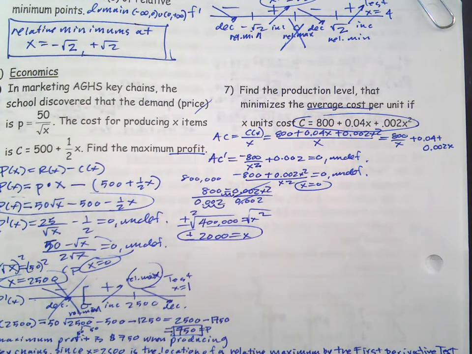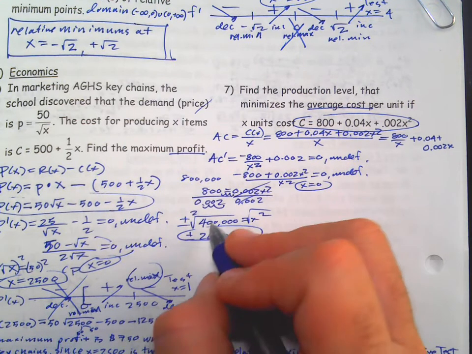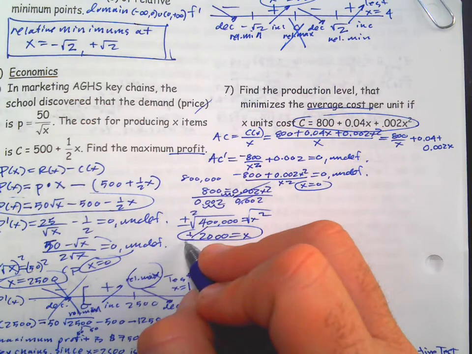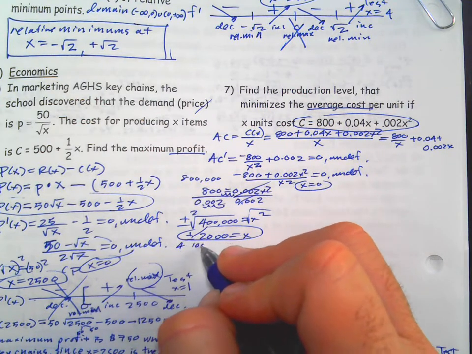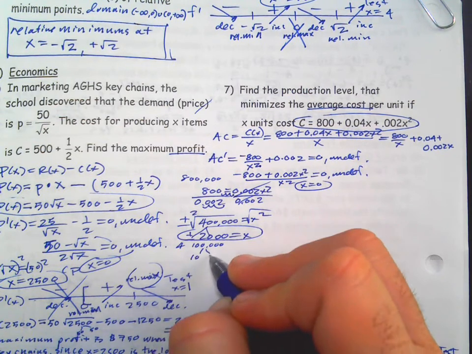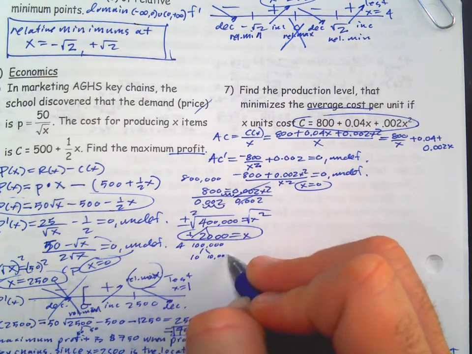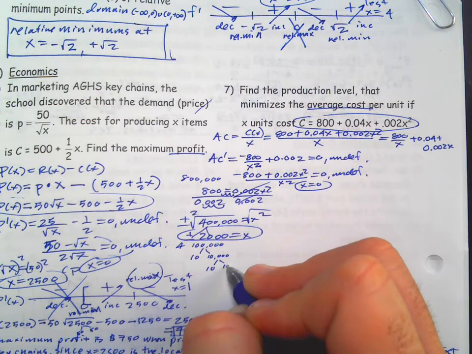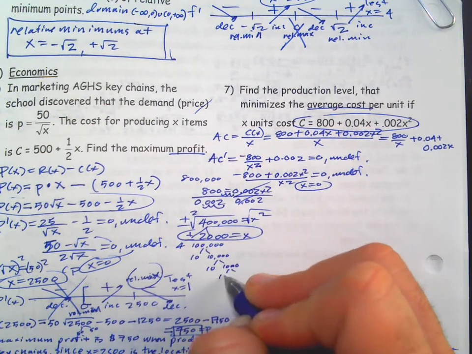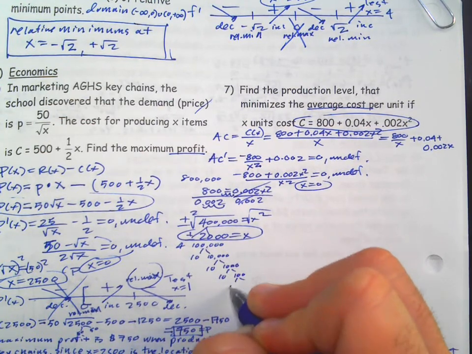Or, I don't know, I think maybe I messed up. Let's see. We could take 4 times 100,000, right? That'd be 10 times 10,000. That'd be 10 times 1,000. That'd be 10 times 100. 10 times 10.